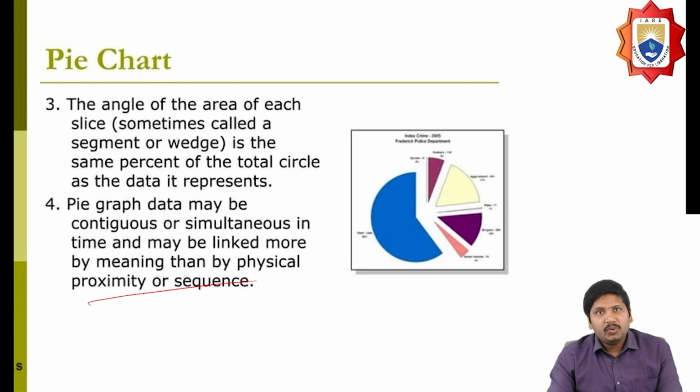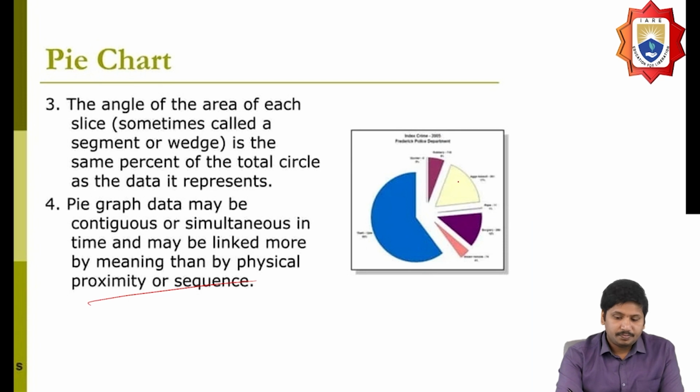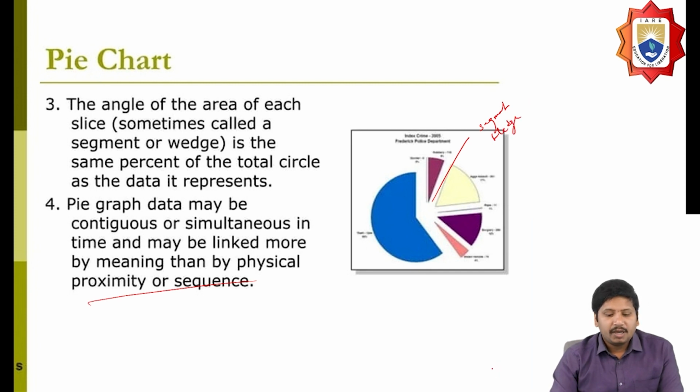Each slice can be called a segment or wedge. So this pie graph may be contiguous or simultaneous in time.